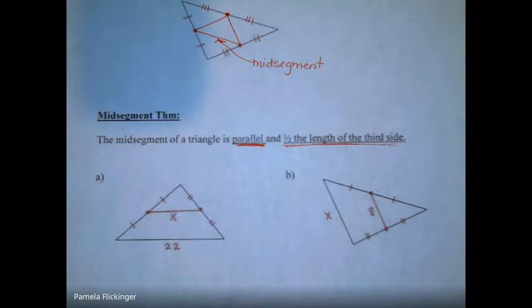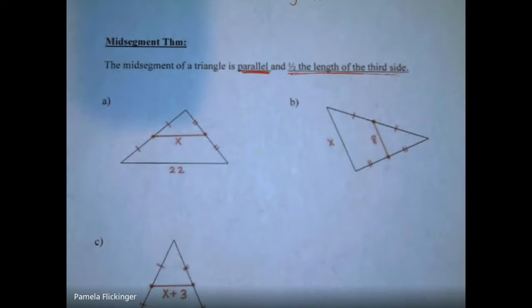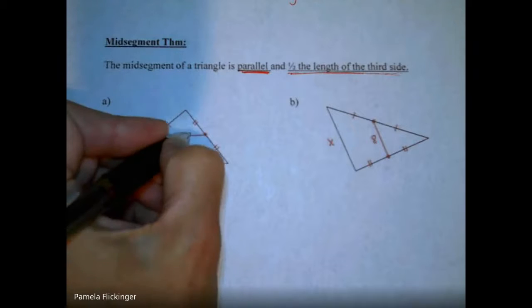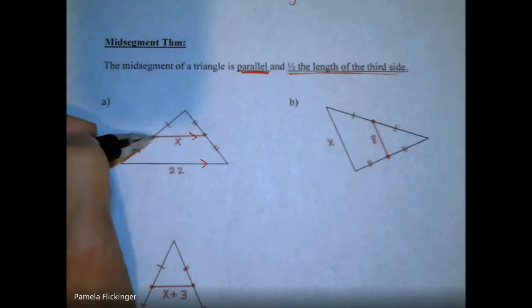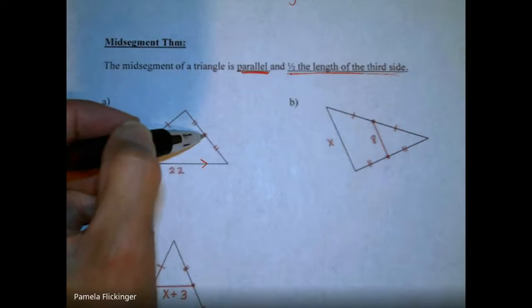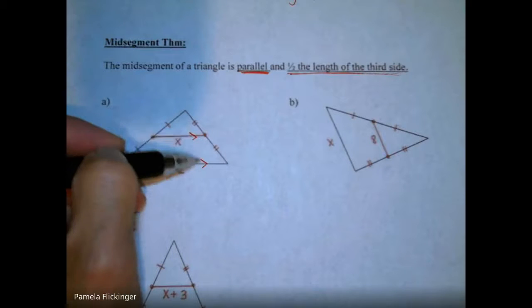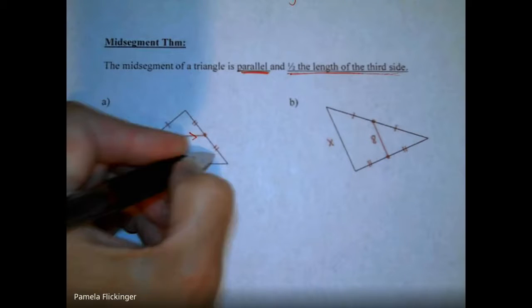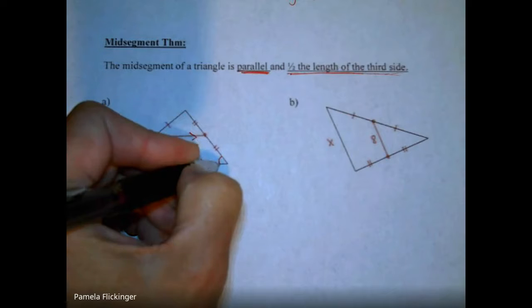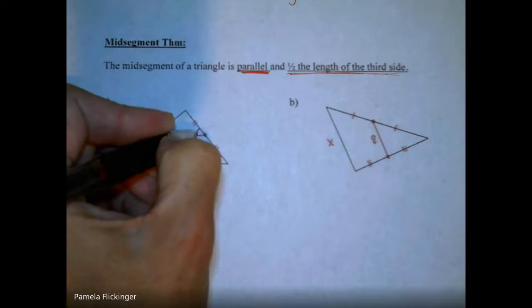Now let's talk about the parallel part. In this first example, I'm going to mark that. I know this is a midsegment because I've got a midpoint labeled here and a midpoint labeled here. These are going to be parallel always. So what does that mean? Well, this angle here is going to be congruent to this angle here. Why do I know that?